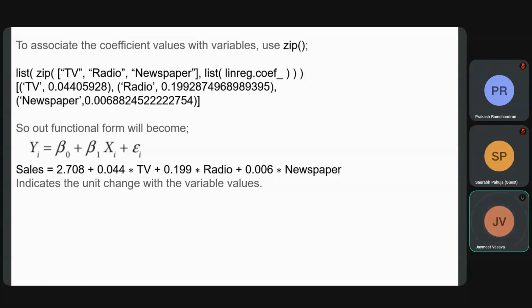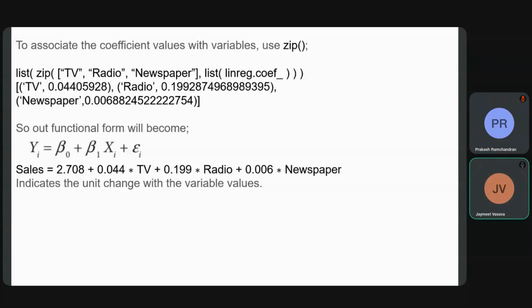So the functional form, or the mathematical representation, of linear regression is given by yi equals beta 0 plus beta 1 xi plus the error on that record. According to this, the sales that we get can be calculated like this.